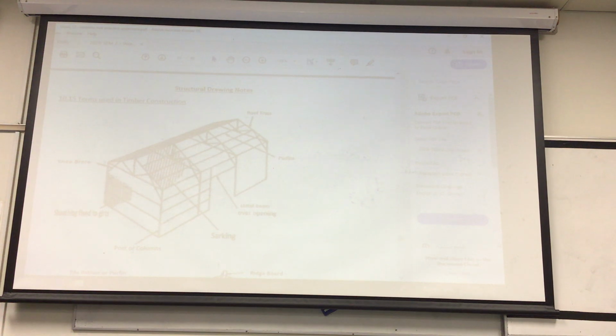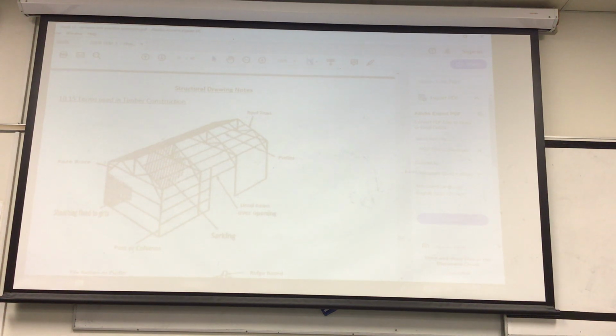Girts, they're both steel and wood in a real situation? They're the ones that go across. Yeah, a girt is basically anything that is stuck on the side of the building. You can have a girt that is actually not sheathing.